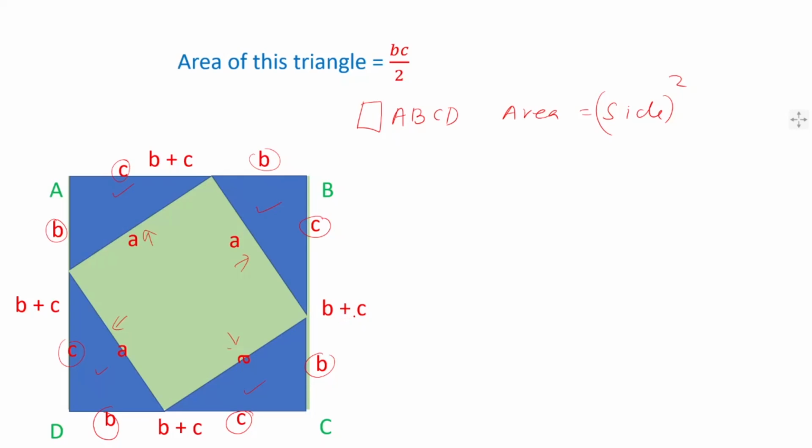At the same time, if I am trying to find out the area of this green square inside having side equal to A, all sides, so it is a square, and we know the formula to calculate the area of one triangle here, which is half base into height, that is what is given here, BC upon 2.